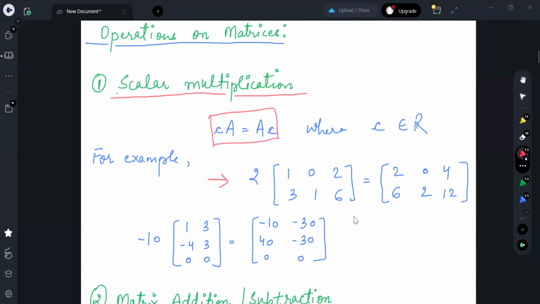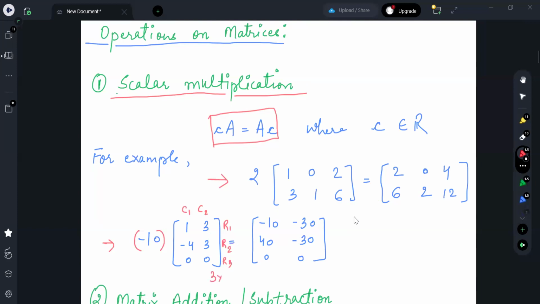I have 2 times this matrix, and as you can see, each entry gets multiplied by 2. Similarly, I have another example where I'm multiplying negative 10, which is a constant, a scalar, by a matrix. What is the order of this matrix? How many rows do I have? I have 3 rows, row 1, row 2, row 3, and I have 2 columns.